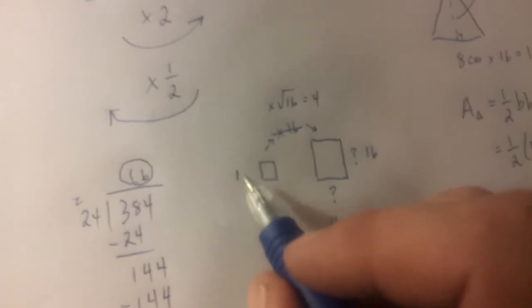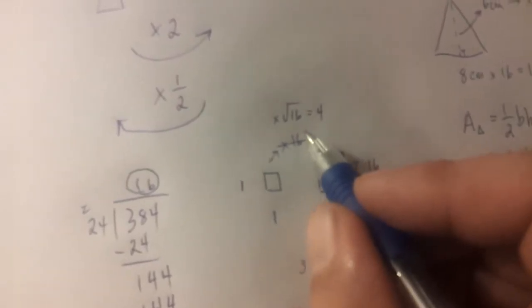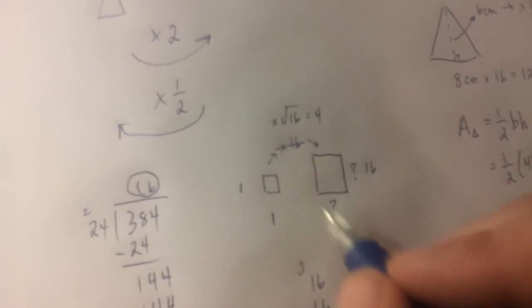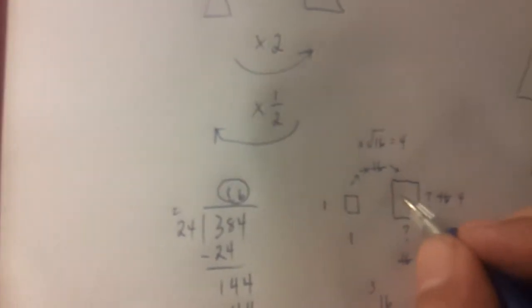Now I'm going to multiply each of the sides by 4, which is our scaling factor. So if I do 1 times 4, I get 4. And the other 1 times 4, I get 4. And 4 times 4 is 16.